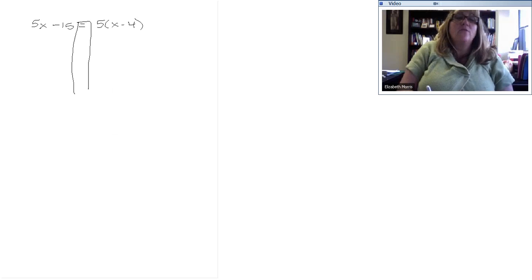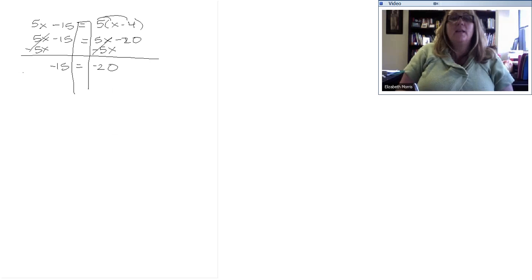I can't do anything with this side, but I can distribute and get 5x minus 20. Now, when I move my 5x, which is positive, to this side by making it negative, it cancels out there, and it cancels out here. So I am left with negative 15 on one side and negative 20 on the other. Does negative 15 ever equal negative 20? No. So this has no solution.